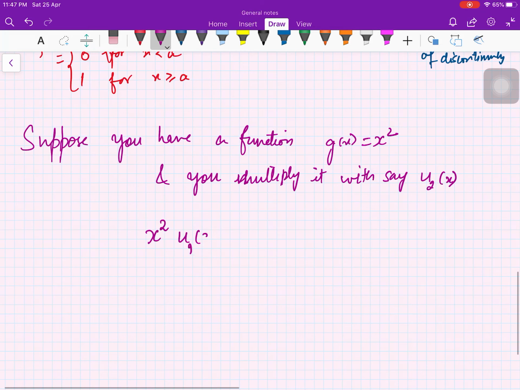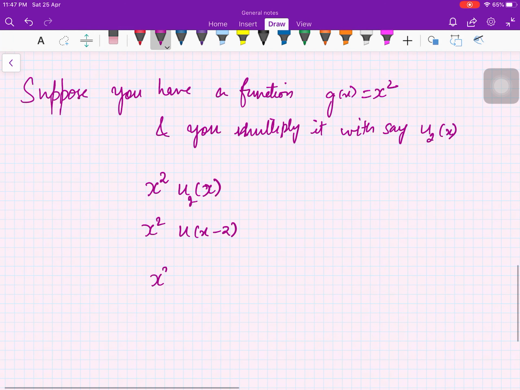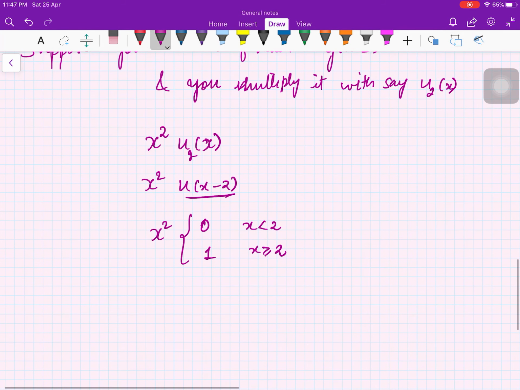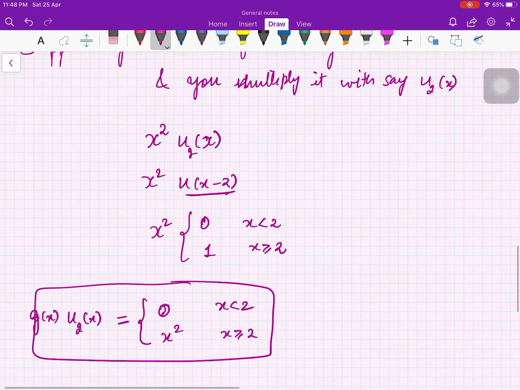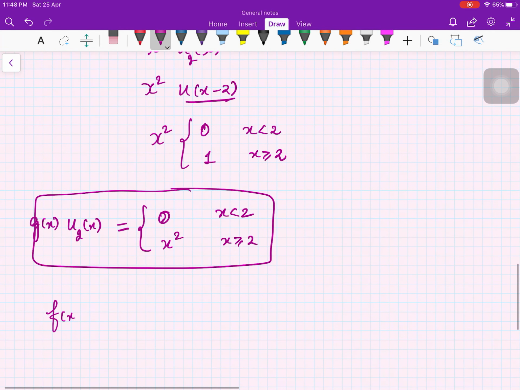You see, if you multiply your function x square with u_2(x), this is a new function, this is x square u(x minus 2), right? So this is x square into a function that is 0 for x less than 2 and 1 for x greater than or equal to 2. So your function becomes 0 for x less than 2 and x square for x greater than or equal to 2, right? So if you multiply g(x) with the unit step function, this is what you are going to get.